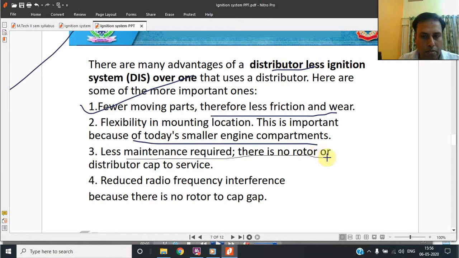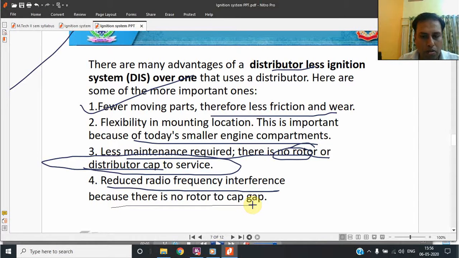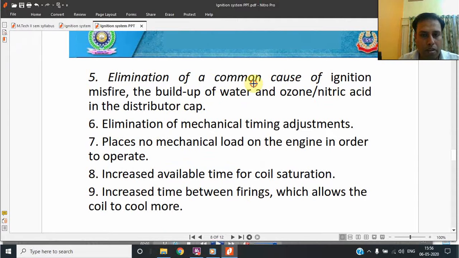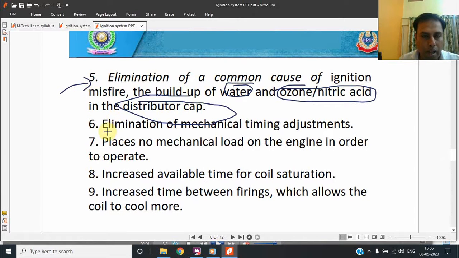Less maintenance is required because there is no rotary part, and distributor cap service is not required. Reduced radio frequency interference because there is no rotor to cap gap. And elimination of common causes, because at certain times water, ozone or nitric acid used to form because of continuous spark. So ignition misfire is also eliminated.